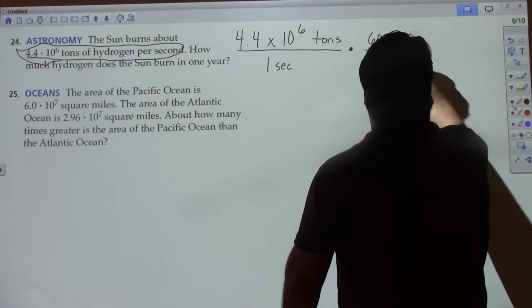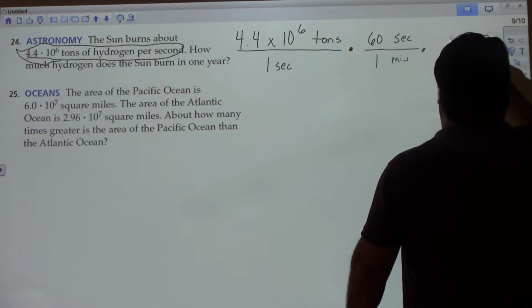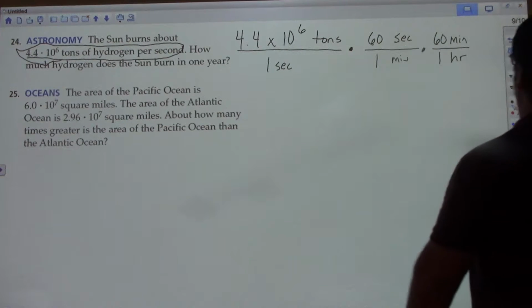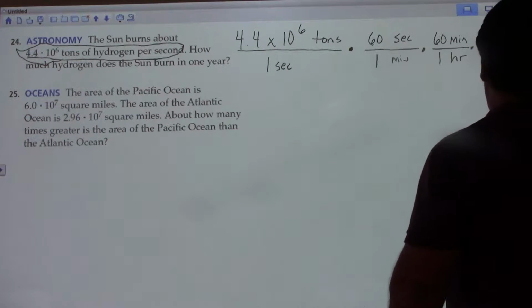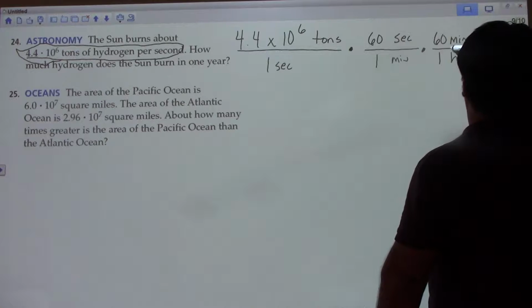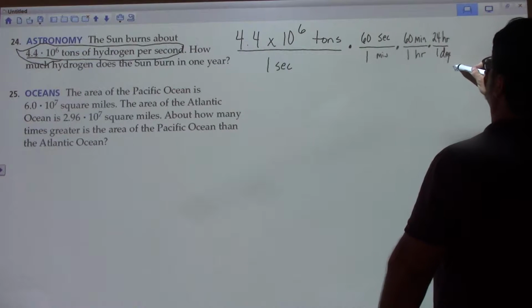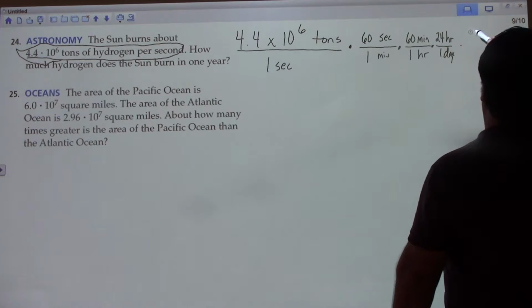So 60 seconds is in 1 minute. That dictates that minutes would have to be in the top, to hours, 60, 1 hour, and how many hours are in a day? And how many days are in a year? 365.